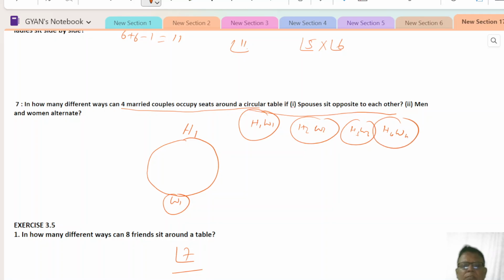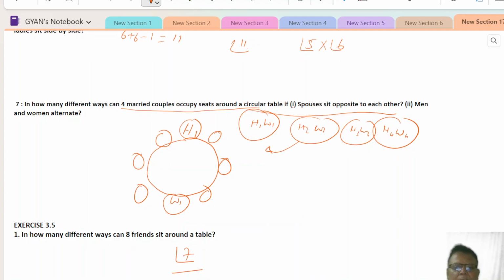How many ways can you fix? You can fix only one way, because you fix here. Once you have fixed this, the positions are vacant. How many positions? 1, 2, 3, 4, 5, and 6. Six positions are vacant, so the next couple can go to any of the 6 positions.